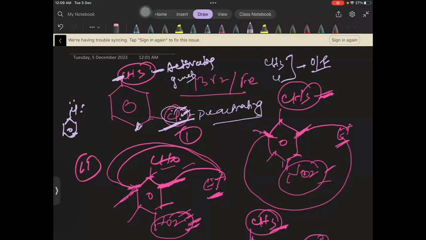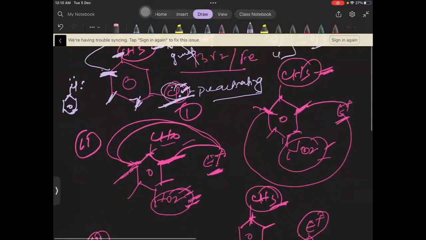Anyway, what I want to tell you is that the chlorine is donating through resonance, so that will supply electrons to the benzene ring, so electron density increases at these ortho, meta, para positions. So the bromine will attach here.